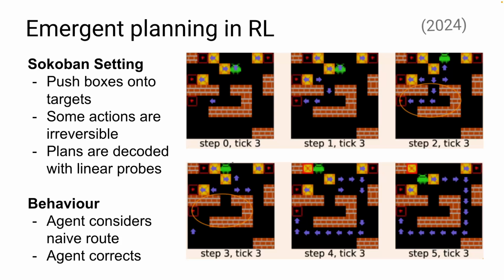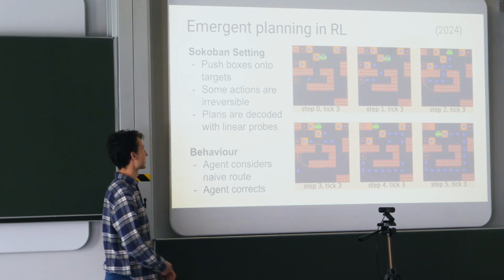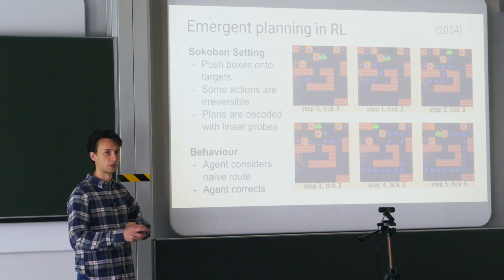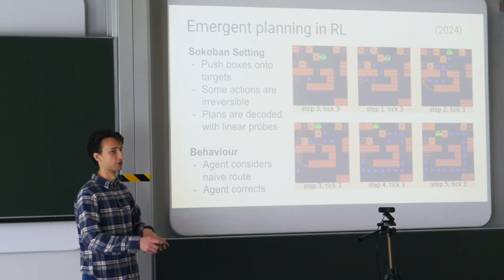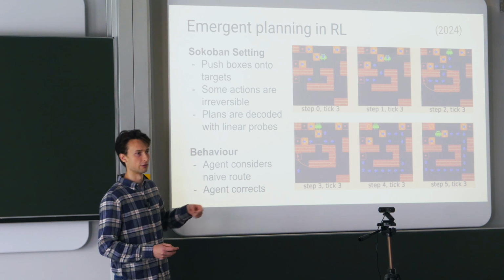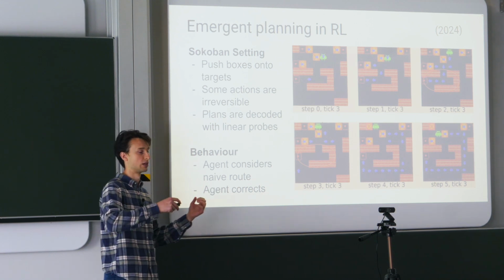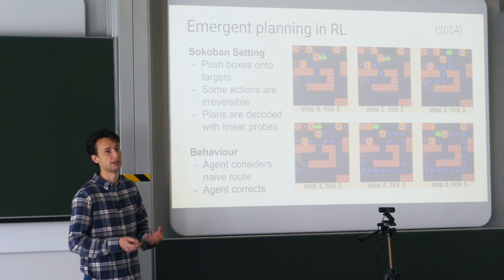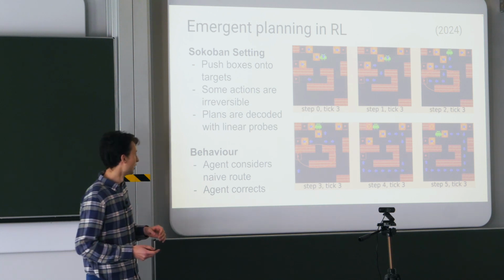And you can see that by step 5, before the agent has pushed the block at all, it's already got some internal representation of where exactly it's going to push the block. In this paper, they have many more examples and show that the agent performs some sort of bidirectional search. It both starts off thinking about where it can move each block, and also plans backwards from how best to satisfy a given target by putting a block on it.